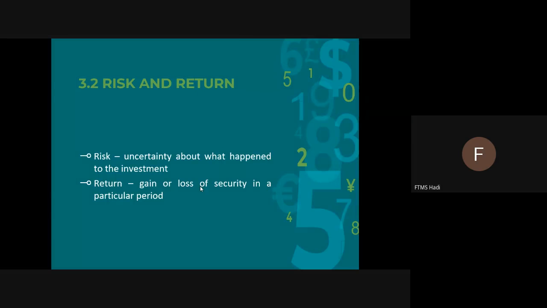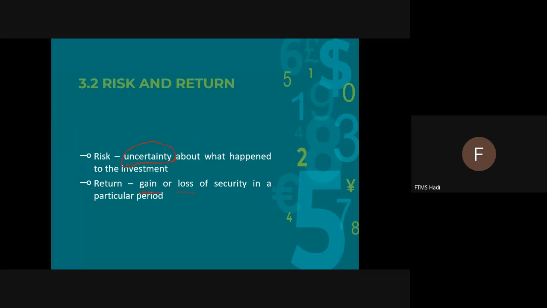All right, let's have a look at the definition of risk and return. Risk is uncertainty about what will happen to the investment. The keyword here is uncertainty. Uncertainty means you will not know what will happen to your money in the future, whether you will get some gain or some losses. Return is the gain or loss of a security in a particular period.